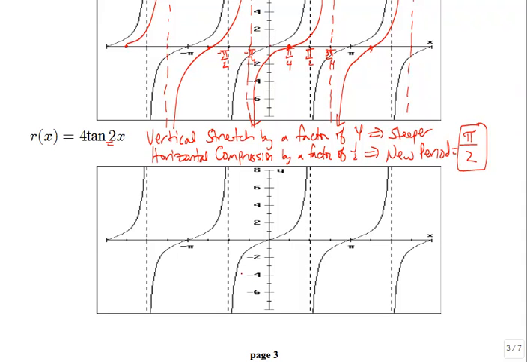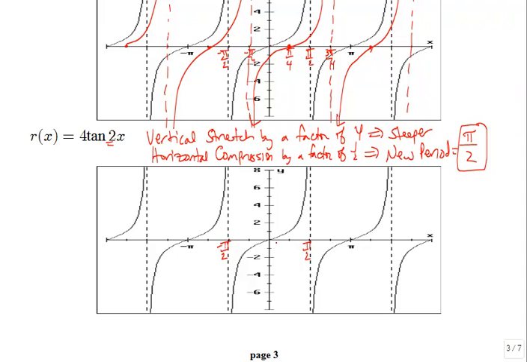Normally, since this has a width of pi, I would go pi over 2 to the left and pi over 2 to the right, so the whole width going across would be pi. Now we need to shrink that in so that my width going across is only pi over 2, but it still needs to be centered at the origin.